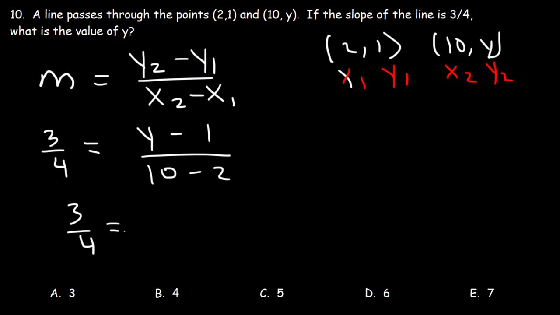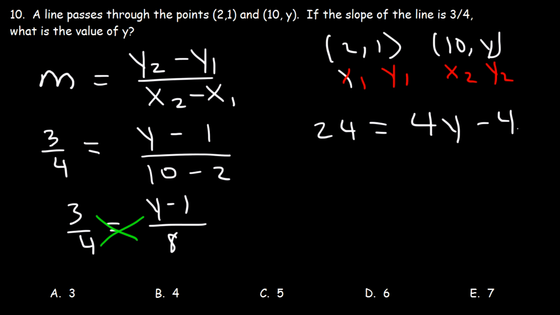The first thing we can do is combine 10 minus 2, which is 8. And so now we have 2 fractions separated by an equal sign. So now let's cross multiply. 3 times 8 is 24. And 4 times y minus 1, if we distribute, that's 4y minus 4.